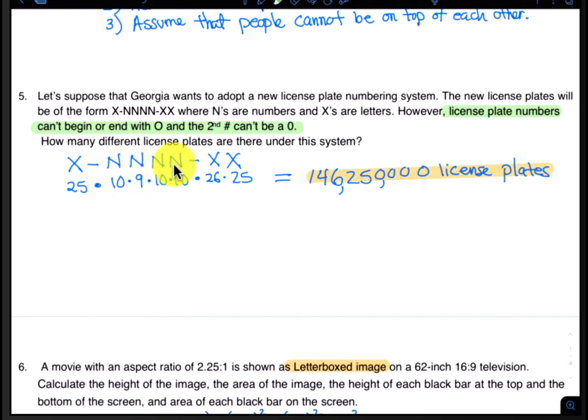For this number and this number, we could use all 10 digits as well. And then for this letter, we could use all 26. So we simply multiply all of these numbers together. That's 25 times 10 times 9 times 10 times 10 times 26 times 25. And we get this very large number. It's 146,250,000 possible license plates.